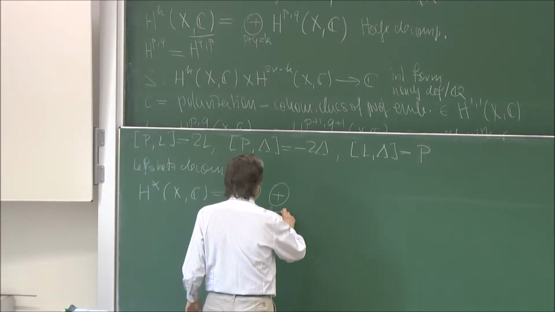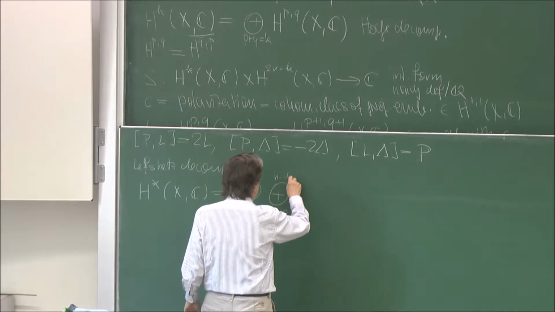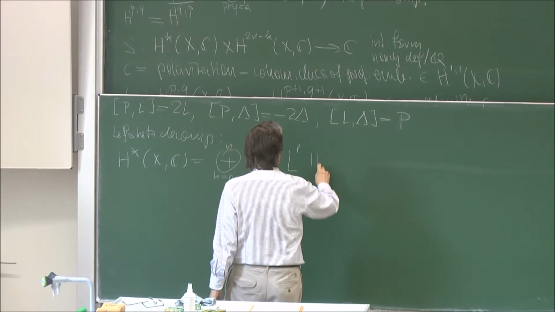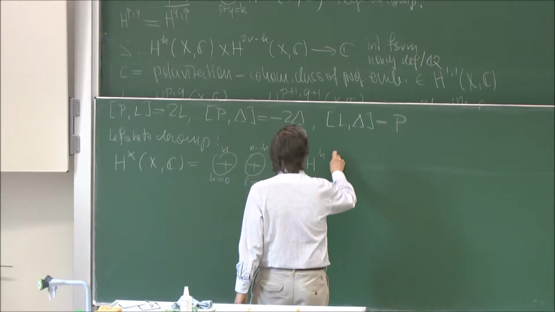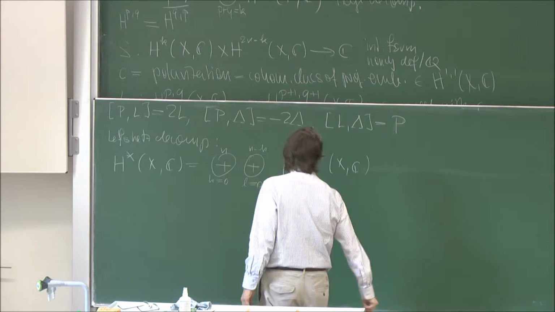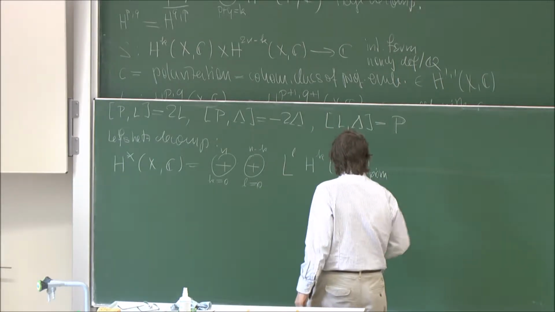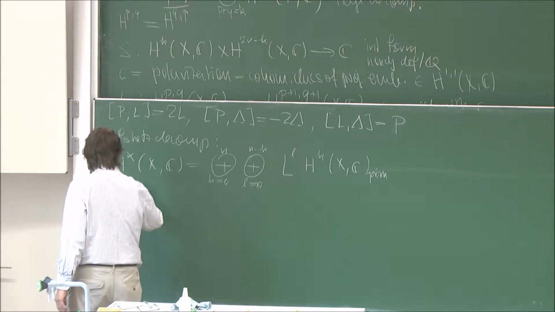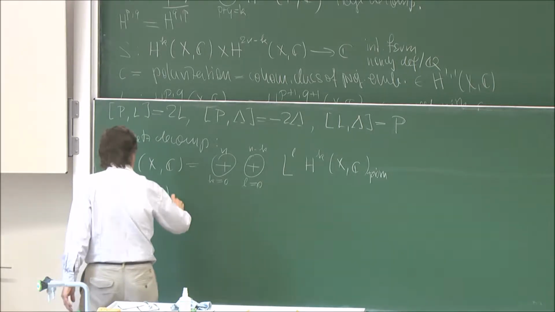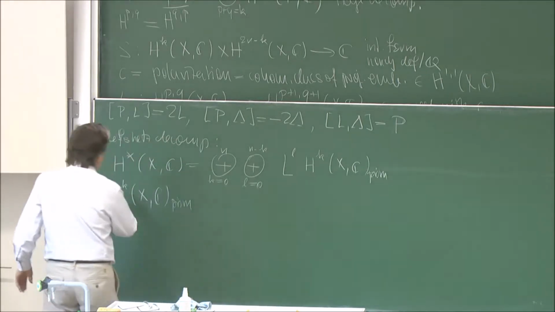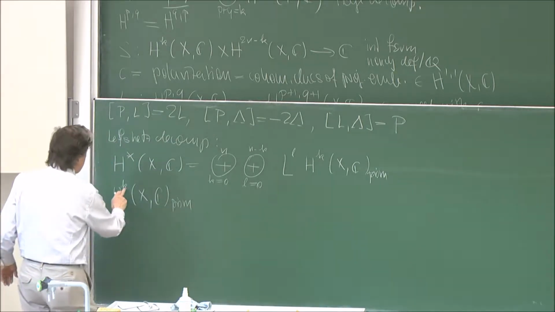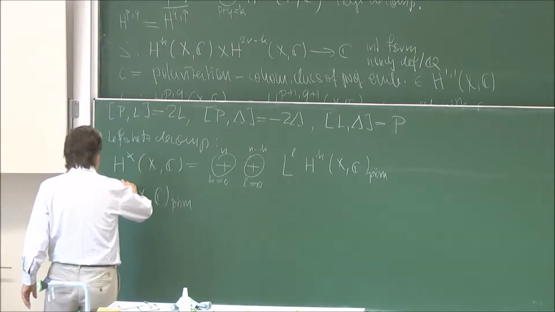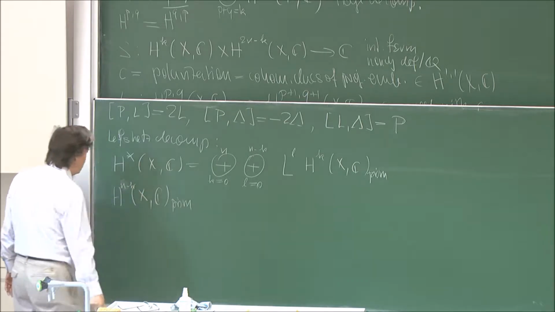And then L^l applied to H^{n-k}(X,C)_prim, with l from 0 to k, where the primitive cohomology, yes, so here I use the index k, and actually it becomes more transparent if I use the index n minus k here.